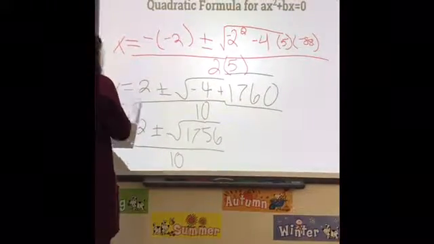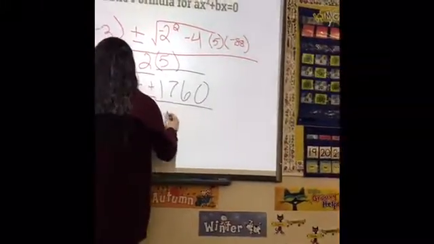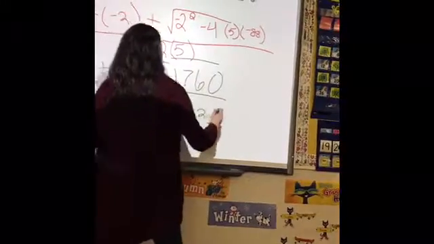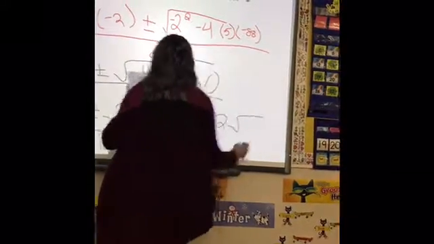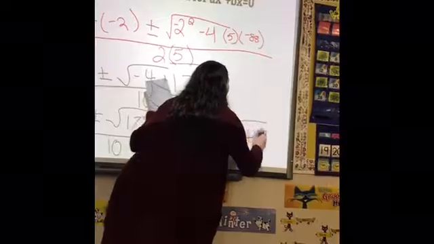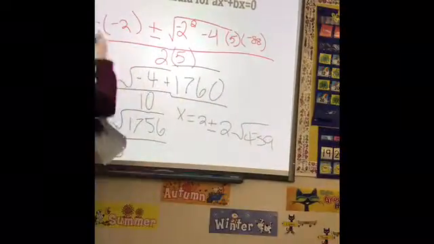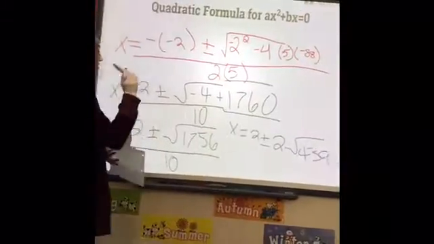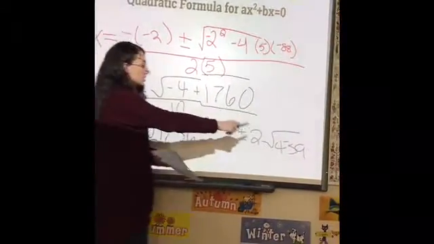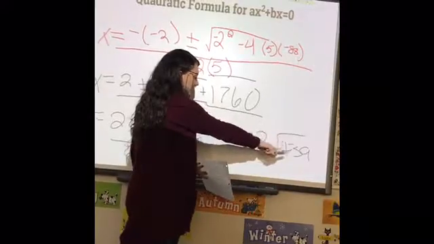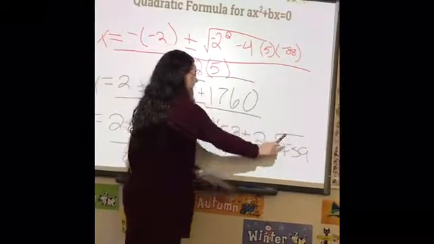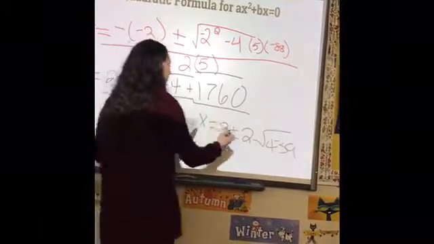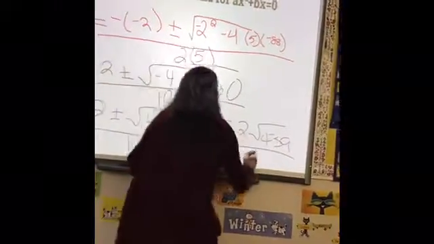Okay, so then we're going to come over here and have x equals 2 plus or minus 2 square root of 439, because the perfect square 4 goes into this number, and so it goes into it 439, and then the 4 comes out as a 2, and so then that would be your value for that, and so then you would just put this over 10.